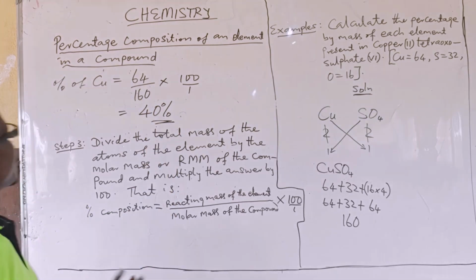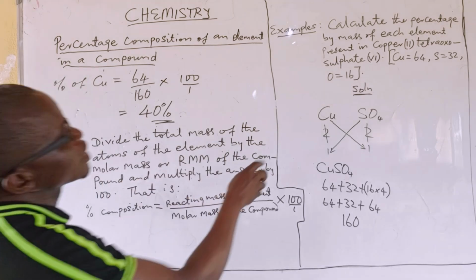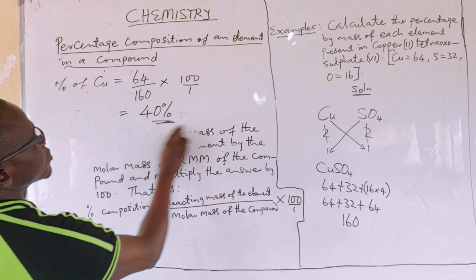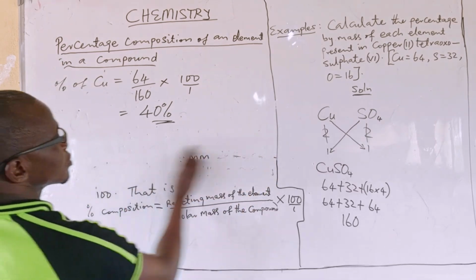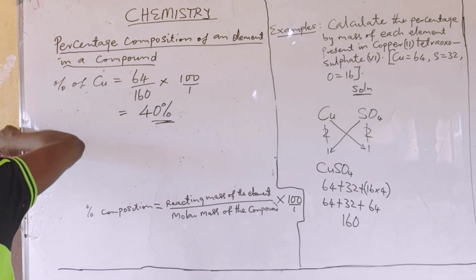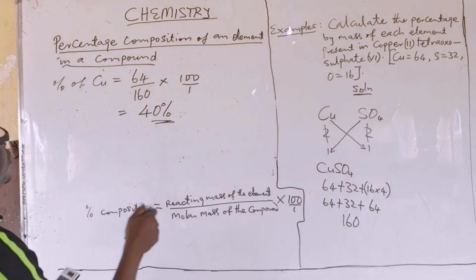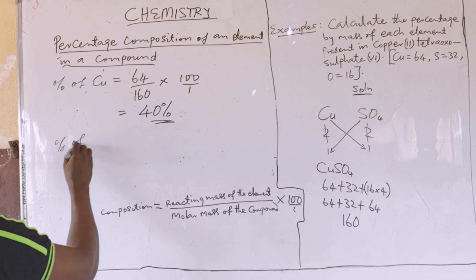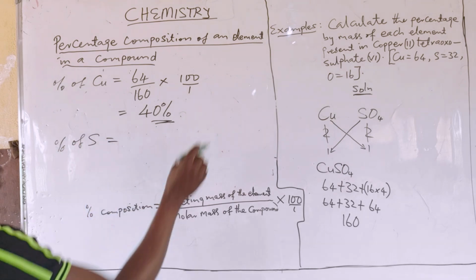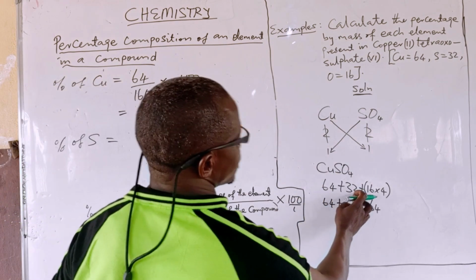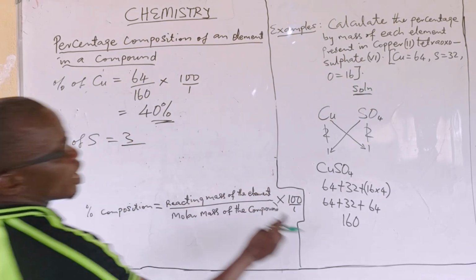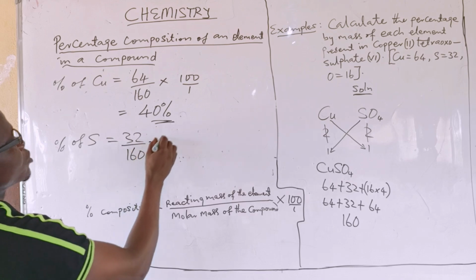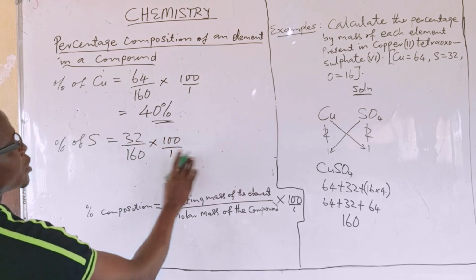Okay, now having gotten that one, let's go for that of sulfur. Percentage of sulfur in that compound is, mass of sulfur is 32 all over 160 times 100 over 1.